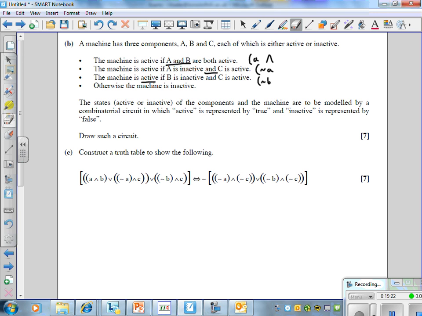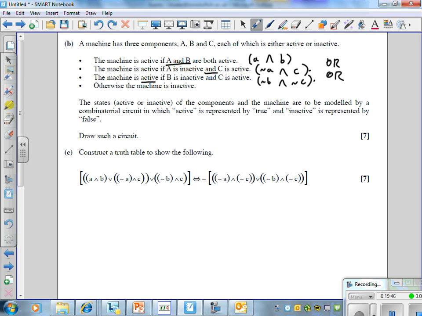I just want to apologise because I've got my symbols all mixed up there. That's not C. Sorry, a bit of a fiddle here. A and B, not A and C, not B and not C. Okay, there's my three expressions. Otherwise, the machine is inactive.